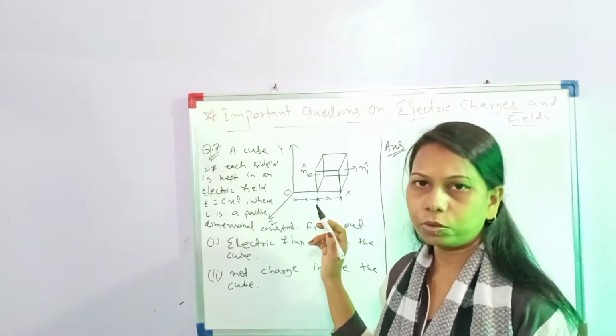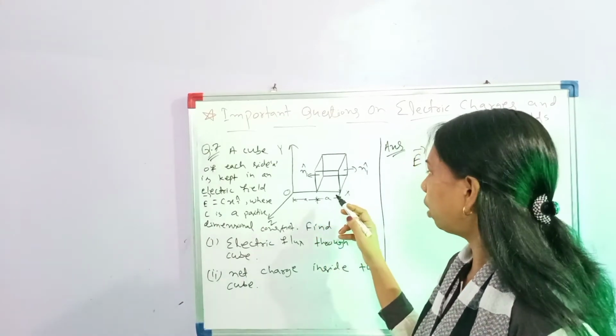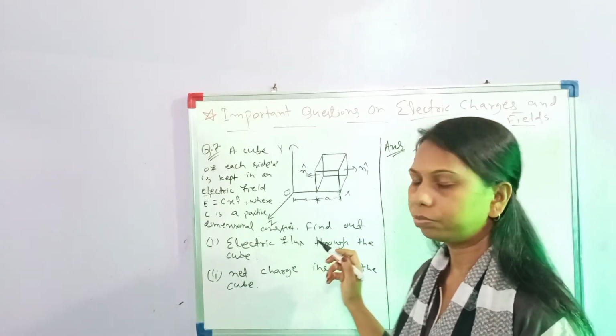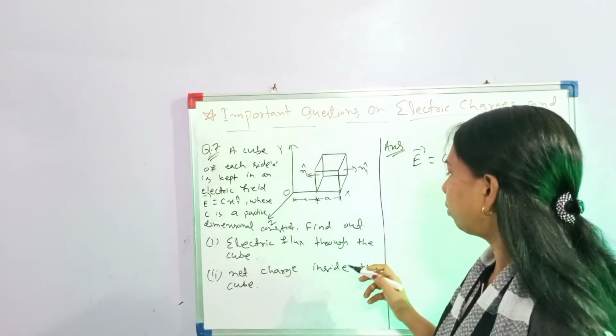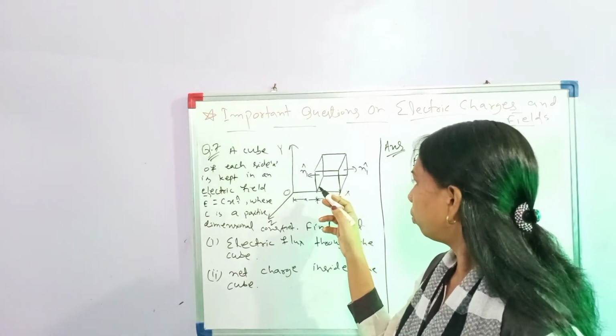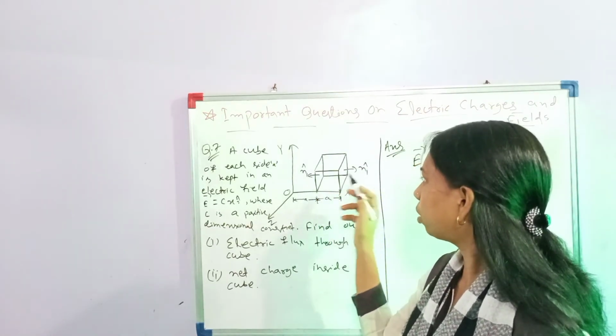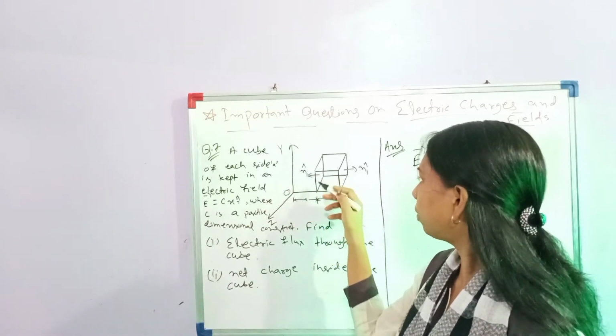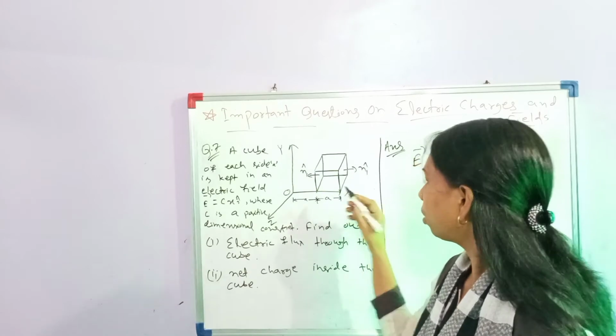The faces whose area vector is perpendicular to the electric field will give zero flux. So total electric flux should be through these two surfaces, this face and this face.